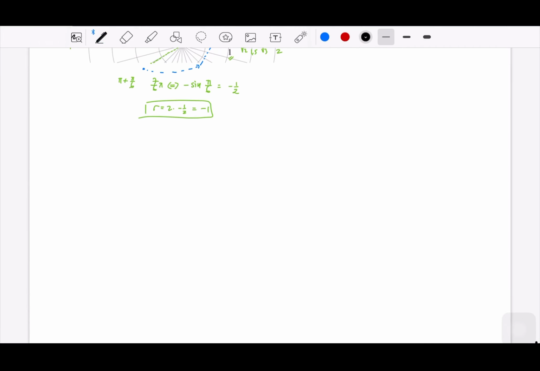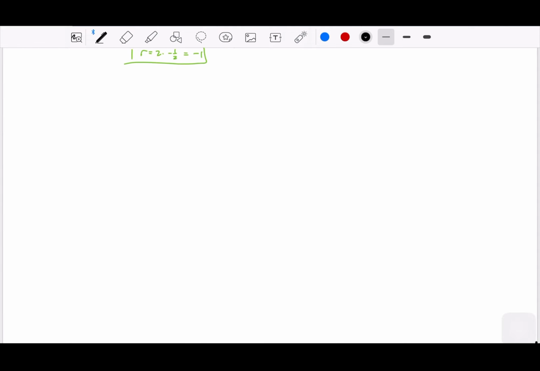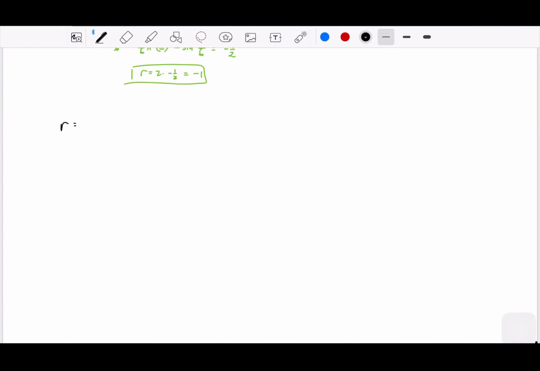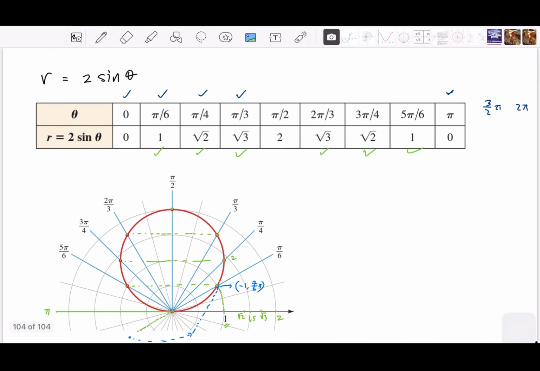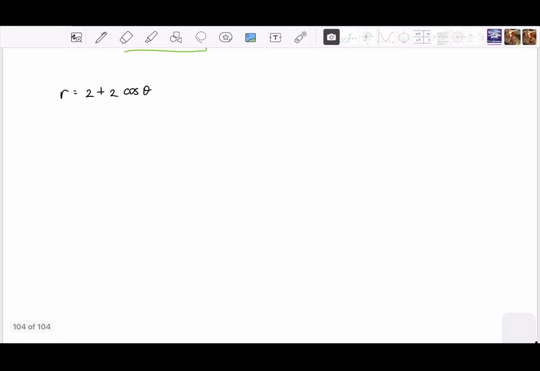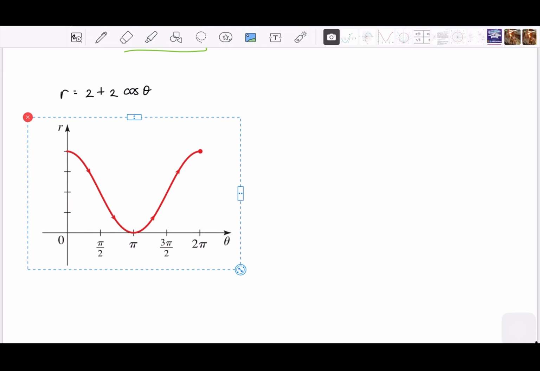Now we continue sketching polar curves. If we would like to sketch a graph of r equals 2 plus cosine theta, what we can do is plot it. Instead of taking a table like this, we could draw a plot that describes the relation of r and theta.